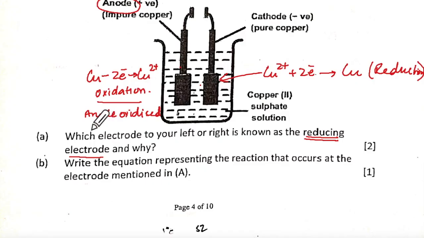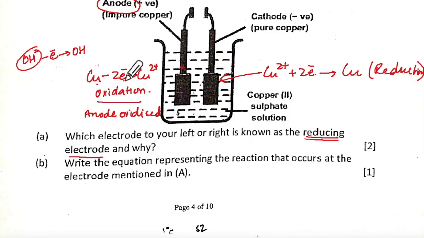Ma'am, but anode is gaining electrons, right? Is it gaining electrons? No. If you take a normal anode, the anion loses electron here, so anode gains electron, correct? Yes.